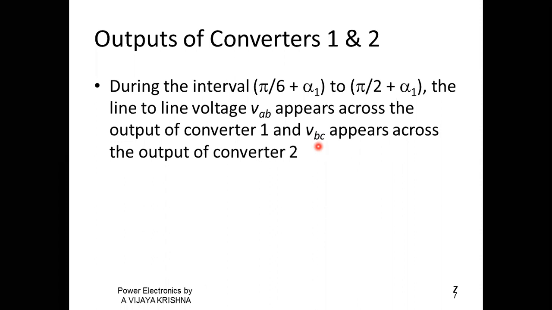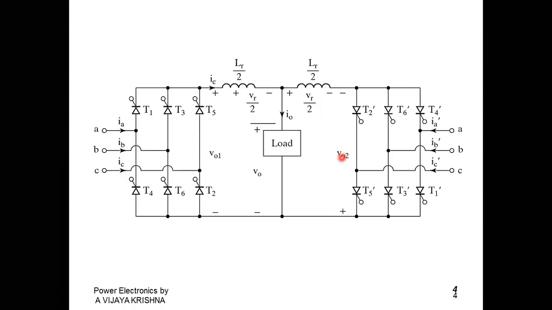In the non-circulating current dual converter, only one converter is in operation at a time, and it alone carries the entire load current. Another converter is not operating; it is in a stop position, even disconnected.